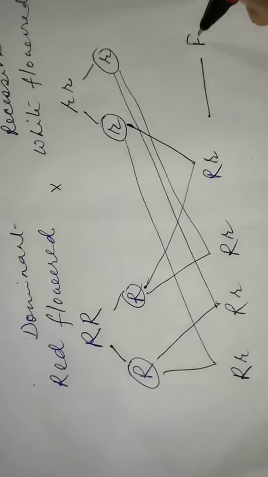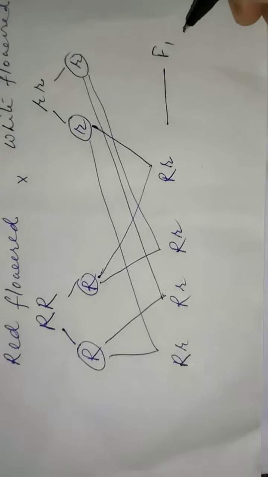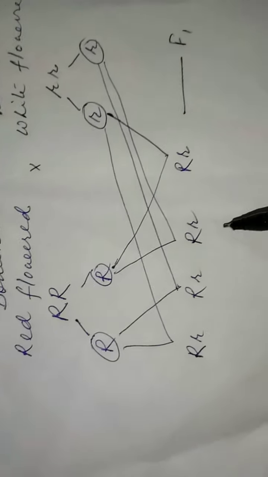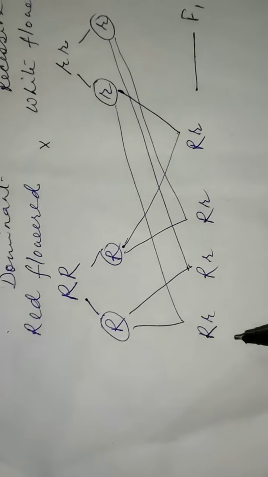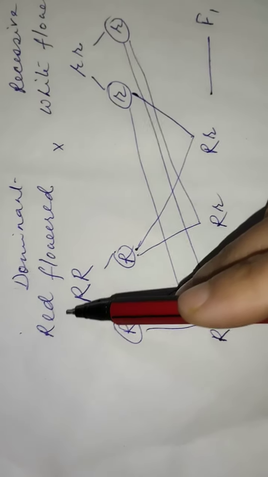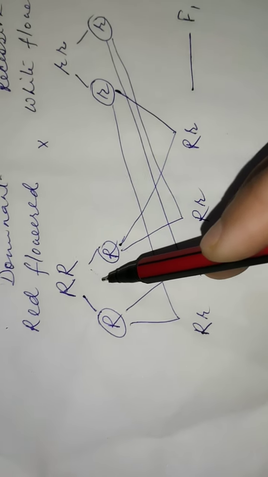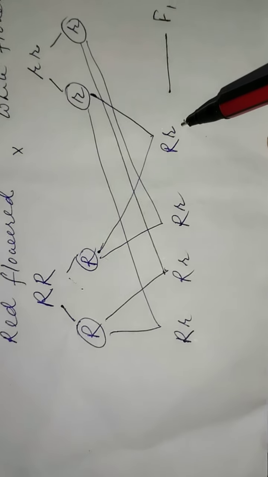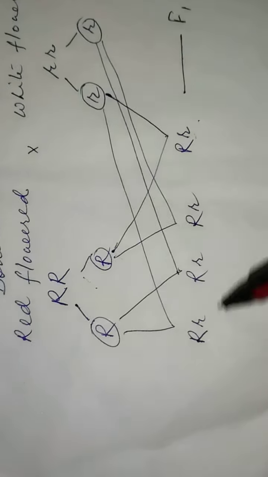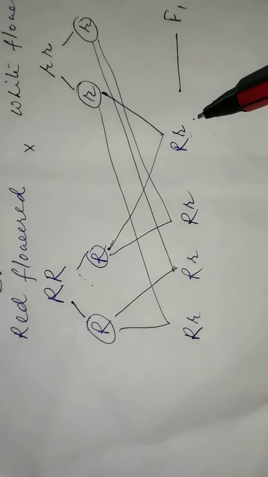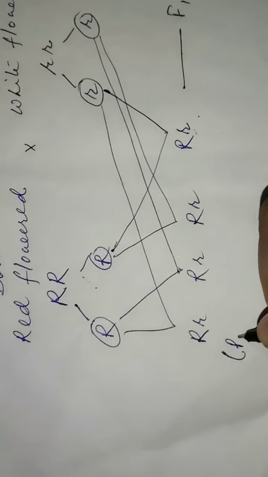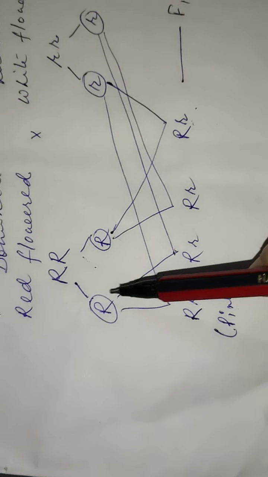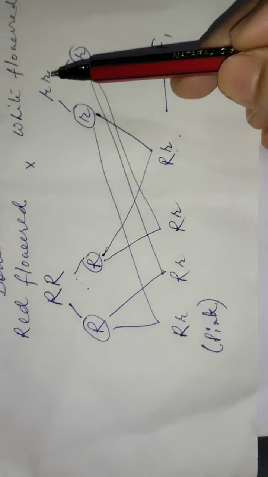This is F1 hybrid. So here, according to Mendel, all the plants should be red in color because red is the dominant character, isn't it? But in nature it is found that all the plants in the F1 generation are pink colored. So this color is between red and white.